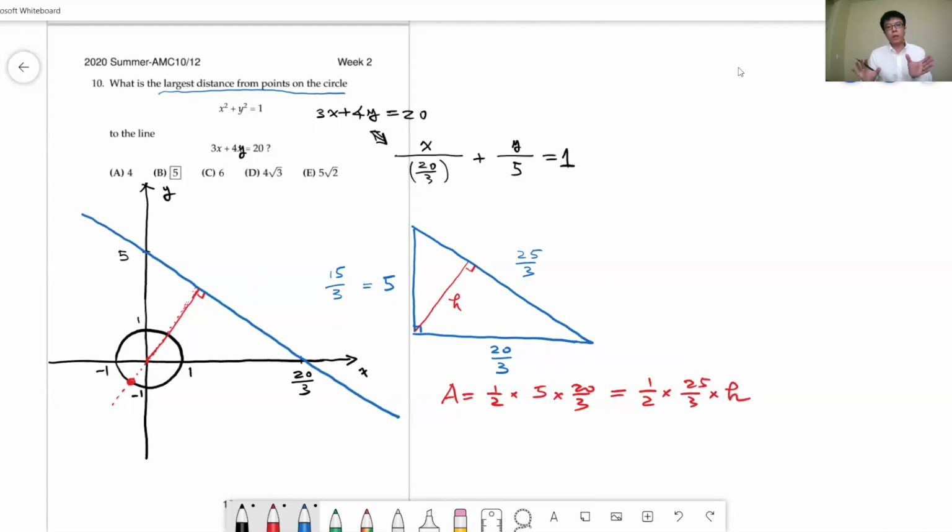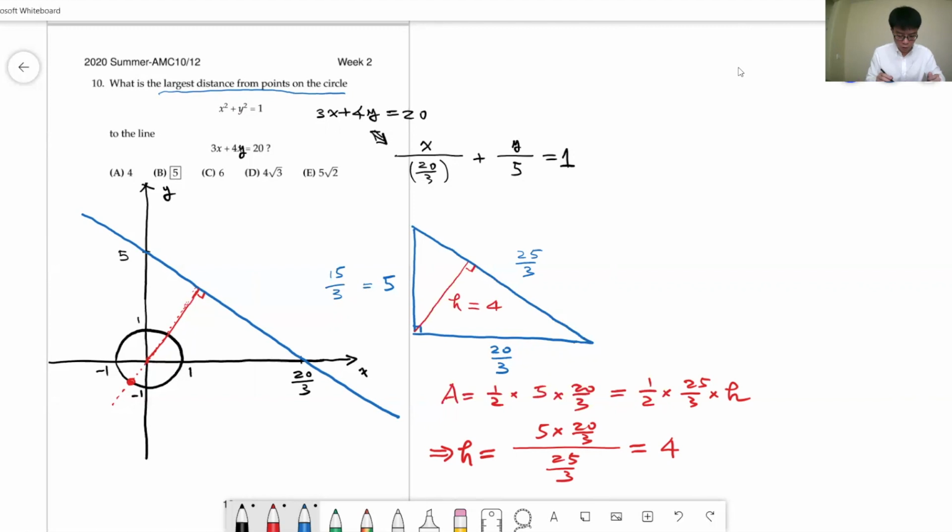We just use different base and different height. So from here we can solve h. H is 5 times 20 over 3 divided by the hypotenuse, 25 over 3. This gives us 4. So h equals 4.